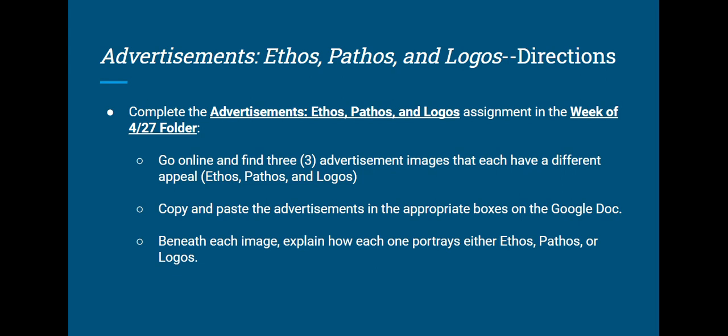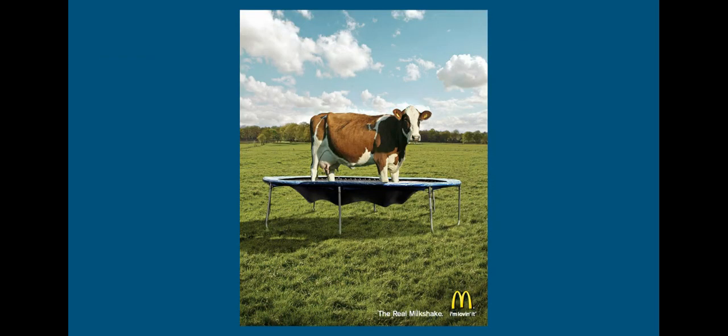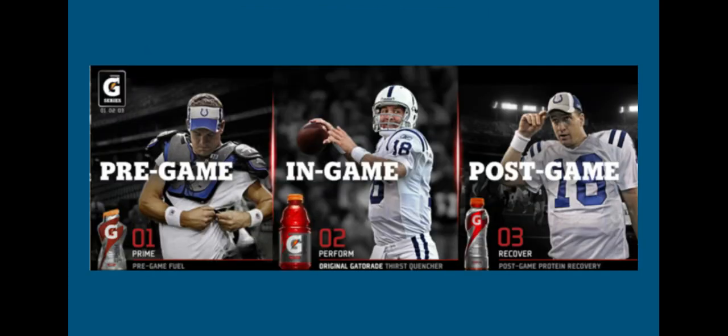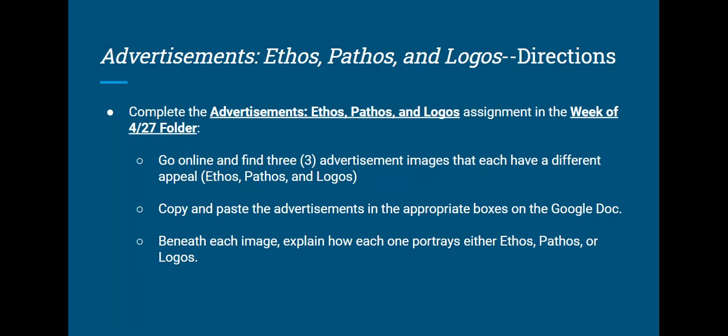Copy and paste each of those into the appropriate boxes on the doc, and then beneath each one, explain how each one portrays ethos, pathos, logos. So if we go back and take a look at these ones, right, this one was obviously pathos. This one was a combination of logos and pathos. This one was ethos. So please make sure that each picture you have falls under a different category of ethos, pathos, logos, and make sure that you explain how those ads appeal to those different categories.